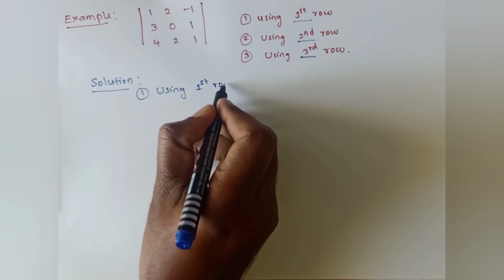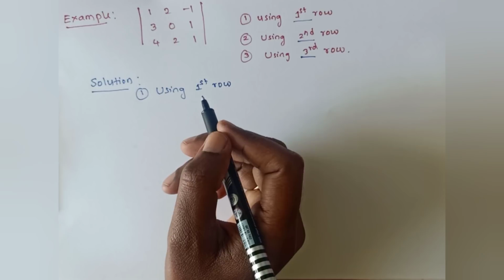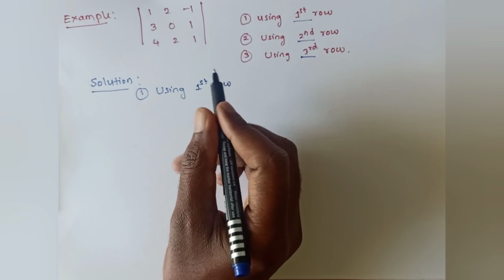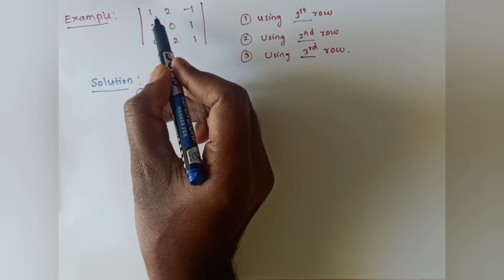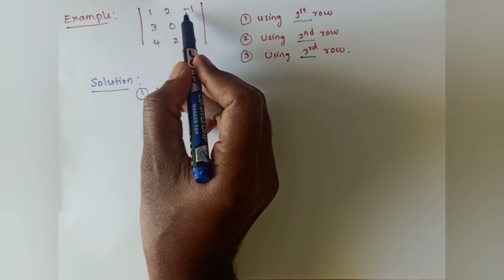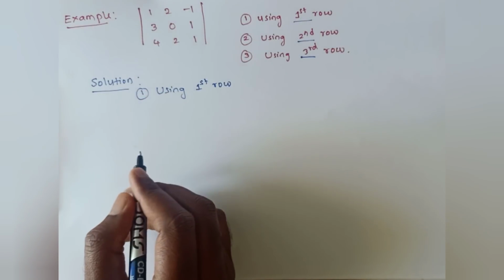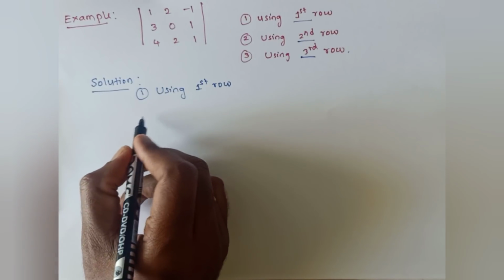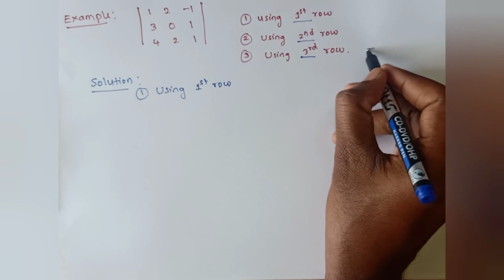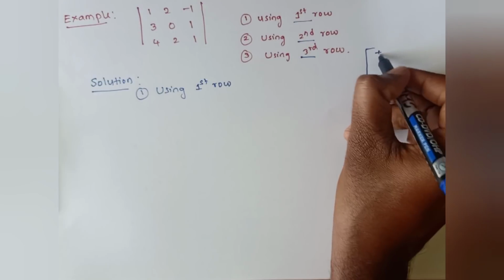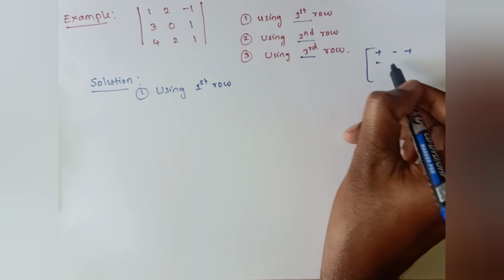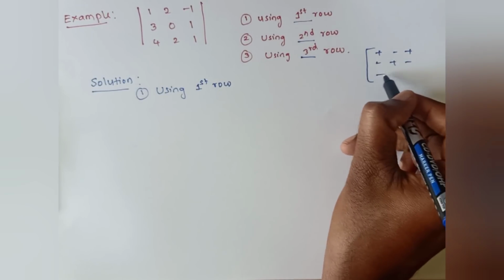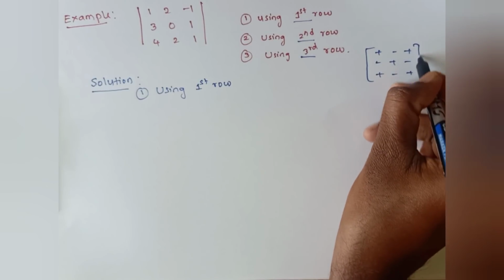You know the definition: the determinant of a 3 by 3 matrix using the first row means the sum of the products of the elements in the first row with their corresponding cofactors. Already we know the signs: plus, minus, plus, minus, plus, minus, plus, minus, plus. So directly you can use them.